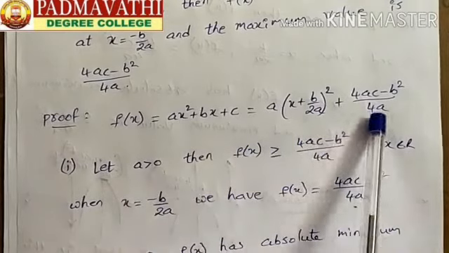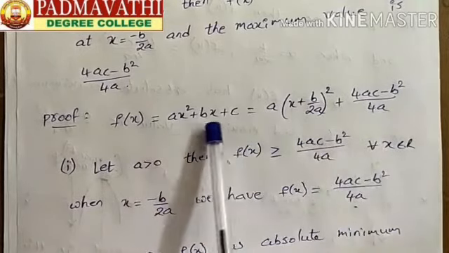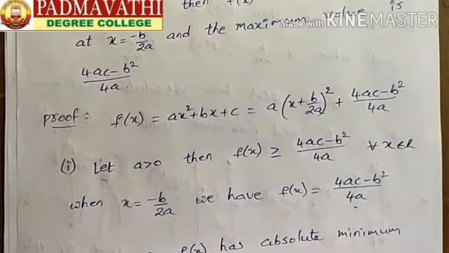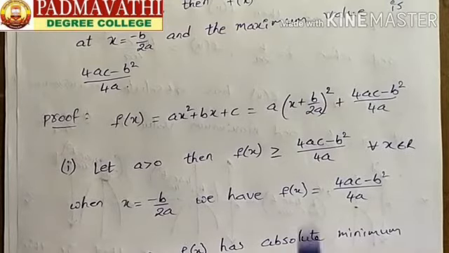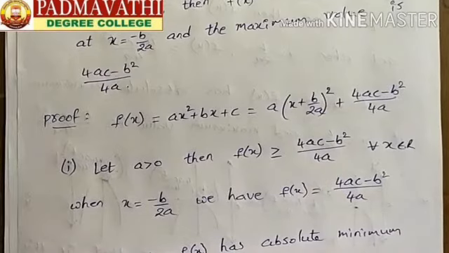Here, how we are converting: we can take a common from this expression, and we add b by 2a whole square and subtract b by 2a whole square. So by adding and subtracting that term, we can convert it as a into x plus b by 2a whole square plus 4ac minus b square by 4a. Right, now coming to the cases.